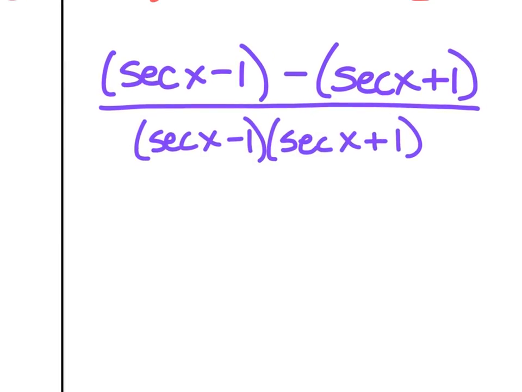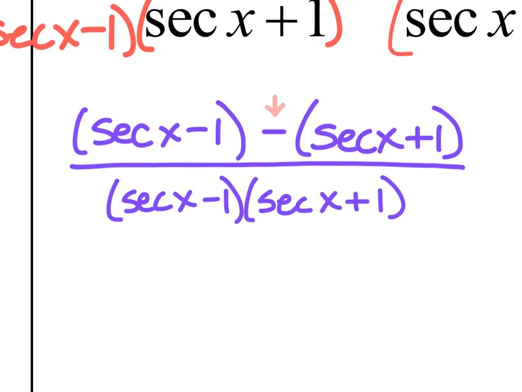So let's look at two separate things. Let's start with the numerators. And remember that when you have a minus sign outside of parentheses, but there's no coefficient in between, it's like distributing a negative 1. And you're going to negate both of the terms inside of that set of parentheses.